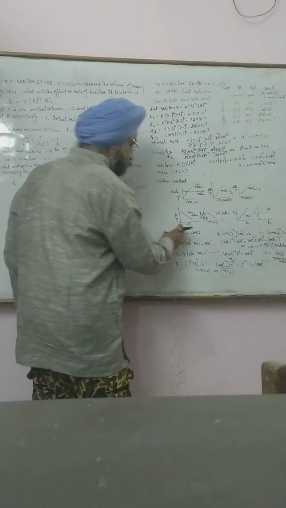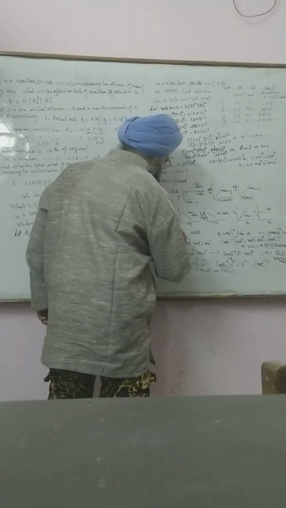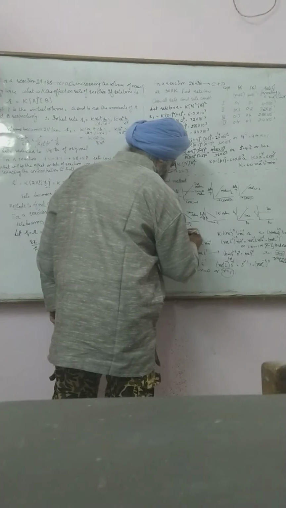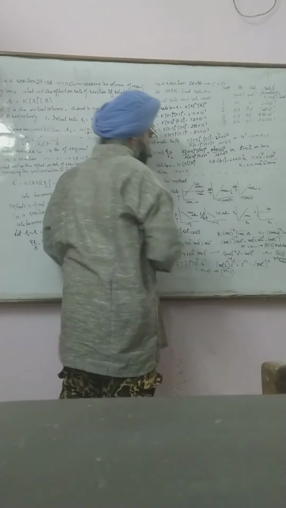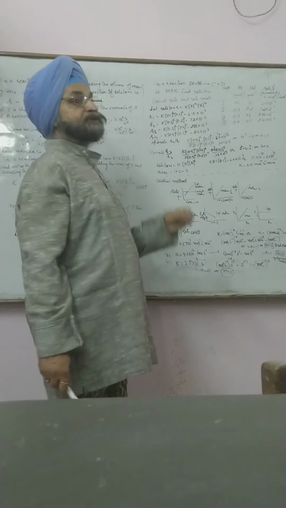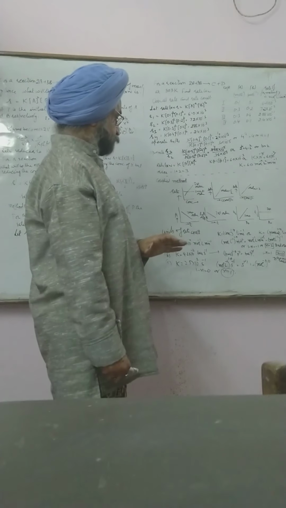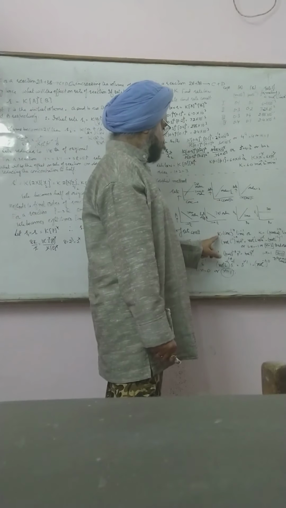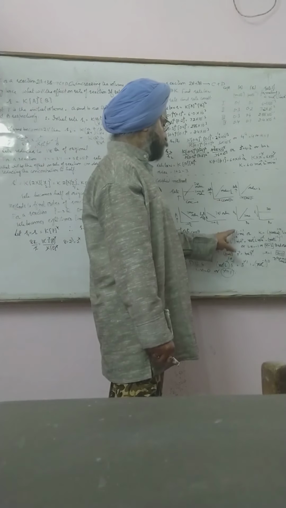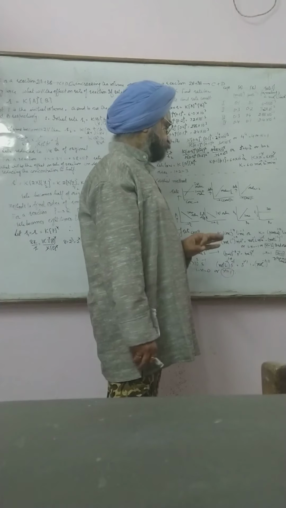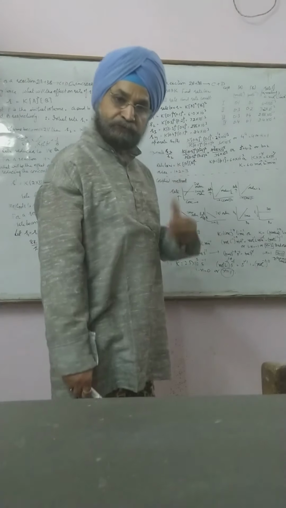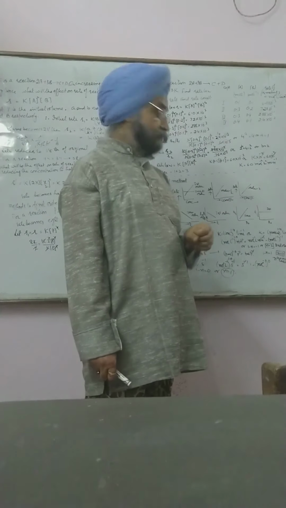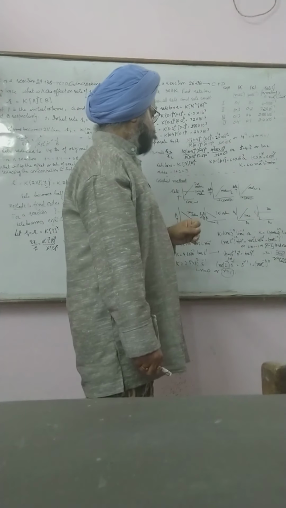Another method is from the units of the rate constant. The numerical value has no role to play. For this, it is easier to remember that the rate constant has units of concentration power 1 minus n per unit time, where time may be seconds, minutes or hours, whatever is mentioned in the question.